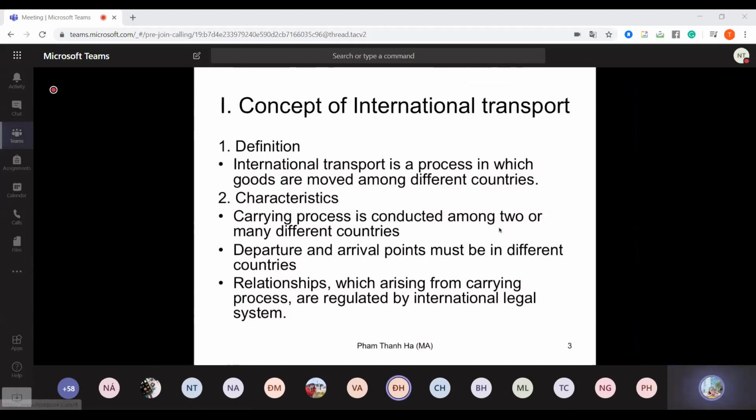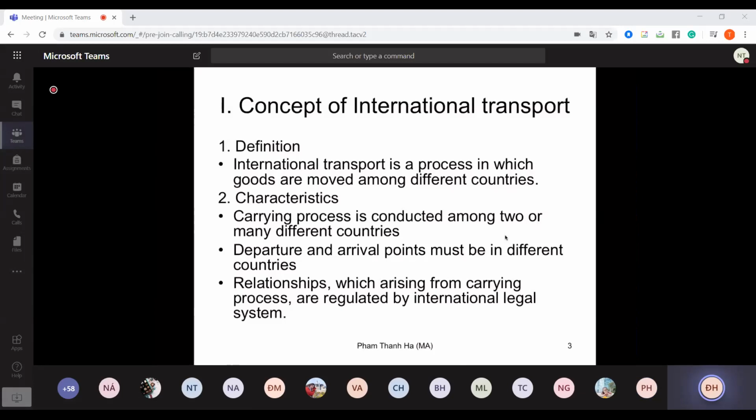I think that one relationship could be between the exporter or the importer and the carrier. Exactly. And also, sometimes the owner of the warehouse, because the buyer does not have enough warehousing space, so they have to rent space from another service provider.